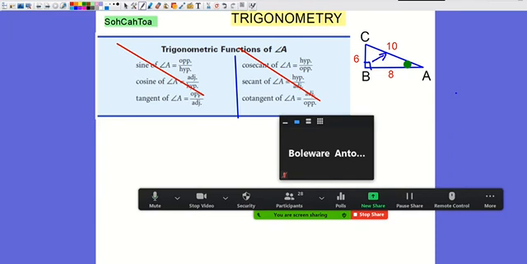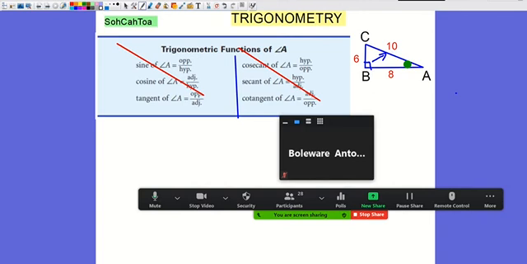Always. That's guaranteed. Or the longest side. Okay, hypotenuse is always going to be the longest side, or the side that the corner is pointing to, that right angle.